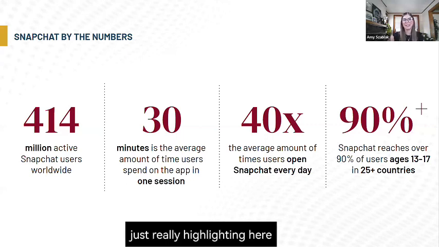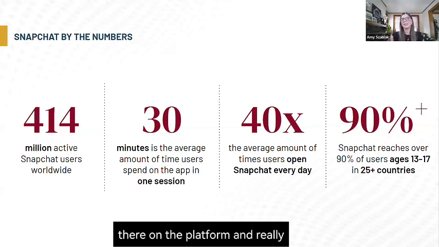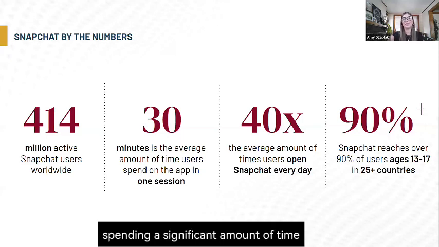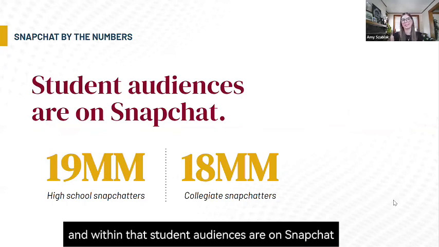Again, just really highlighting here that our traditional undergraduate audience, they're on the platform and really spending a significant amount of time of their day on it. And within that, student audiences are on Snapchat.